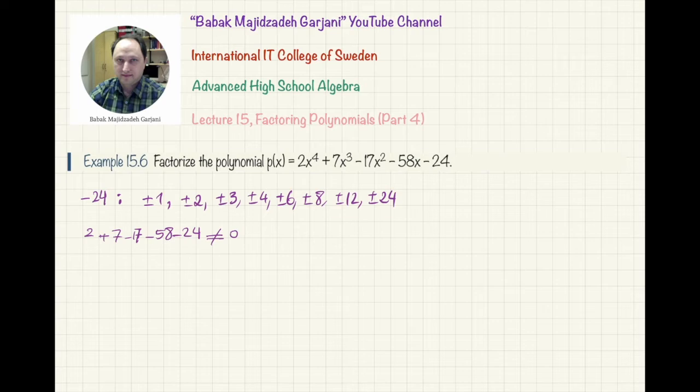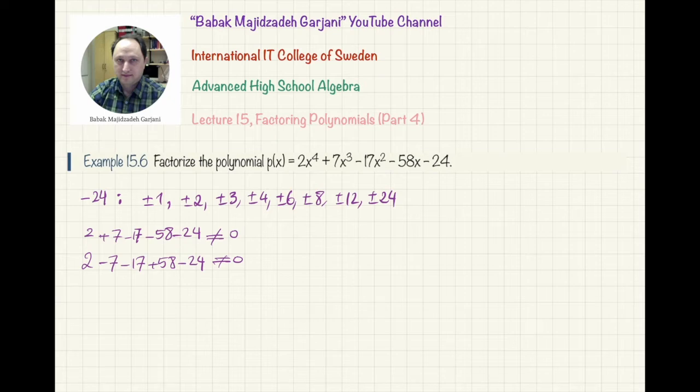And then I put minus 1. If I put minus 1 instead of x everywhere, the first one becomes 2. The next one becomes minus 7, minus 17, positive 58, minus 24. As you see, it's minus 5 minus 22. It's not again equal to 0. Let us go, for example, to 2.